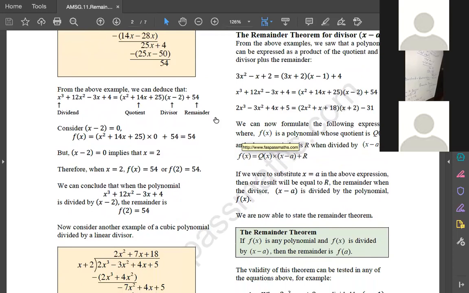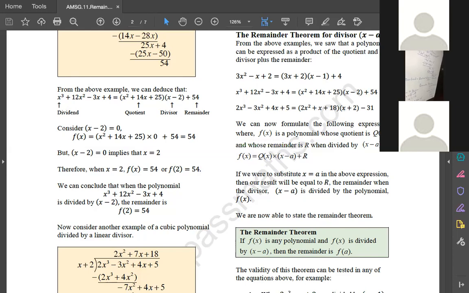So now we can formulate the following expression, where f of x is a polynomial whose quotient is q of x and whose remainder is r, when divided by x minus a. This is just an expression. It's not anything difficult. It's x minus a number, like what we had, x minus 1.